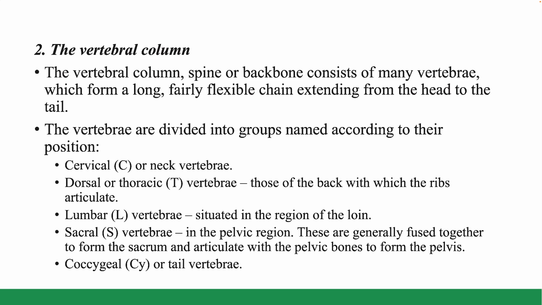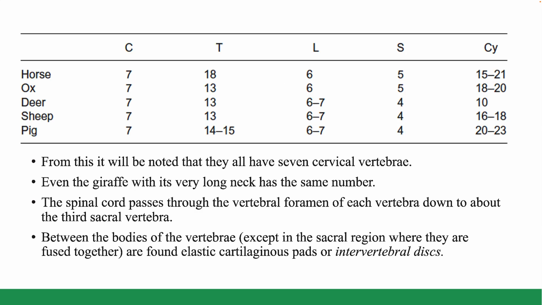You should remember these vertebral groups: the cervical, the dorsal or thoracic vertebrae, the lumbar, the sacral, and the coccygeal or the tailbone. In each, you should know the number equivalent to a specific vertebral group and to a particular species of animal, which is presented here.